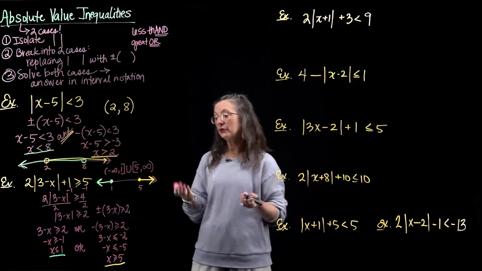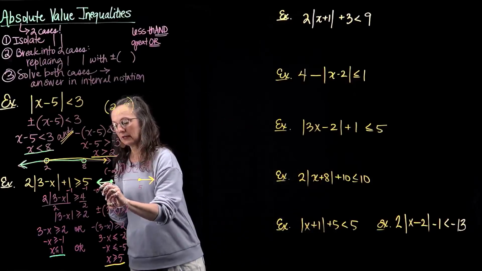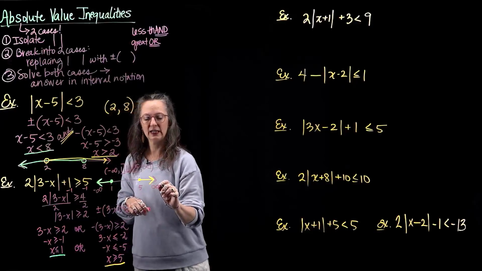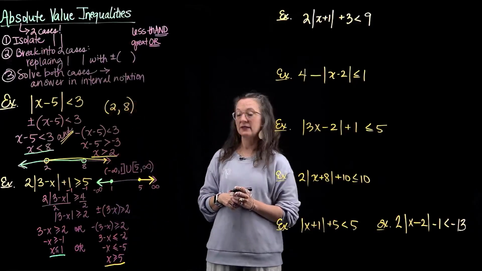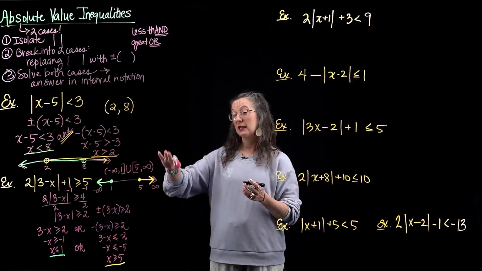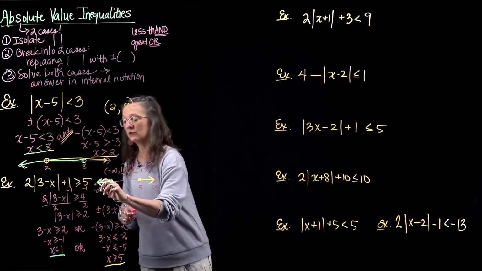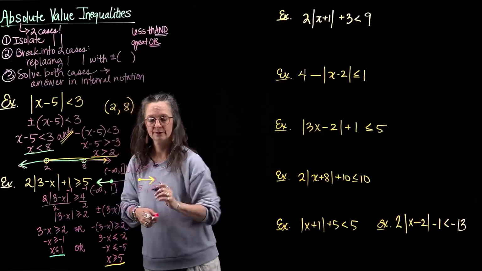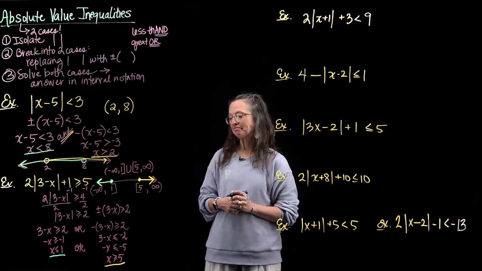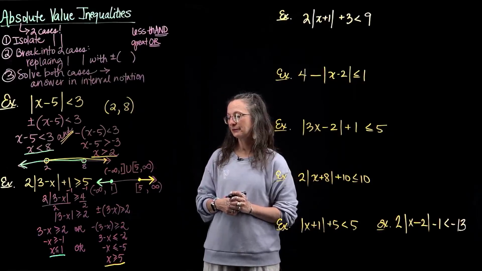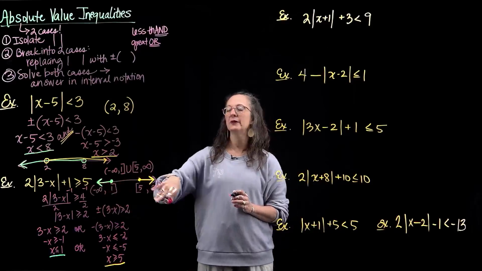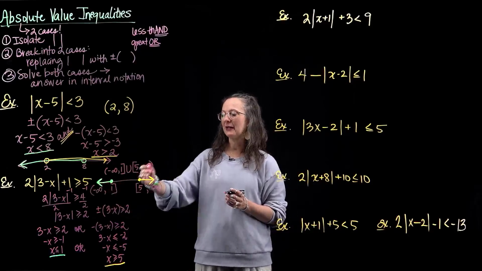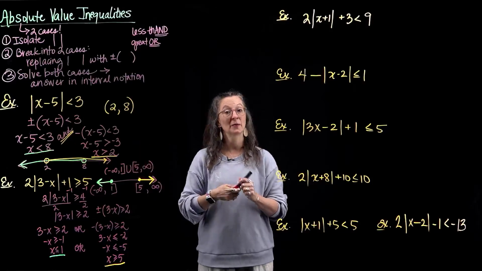And sometimes it's helpful to mark that left arrow as negative infinity and the right arrow as positive infinity, because it can make it easier to read those intervals off of your number line, just like that. Okay? So I can fill in those parentheses and brackets under the number line, and it makes it easier to transfer my answer.